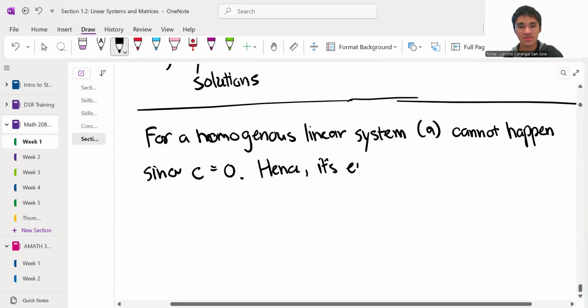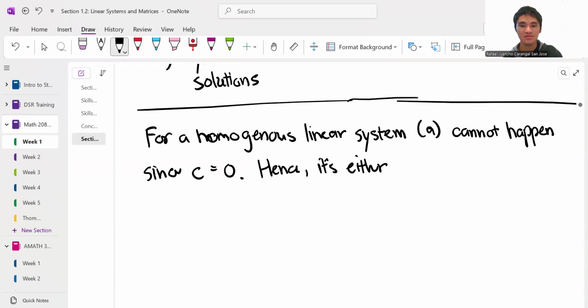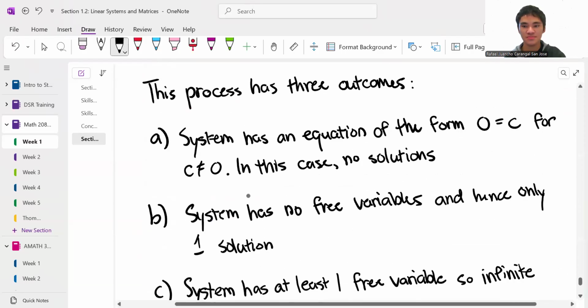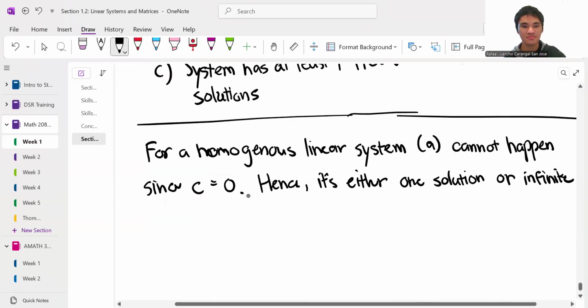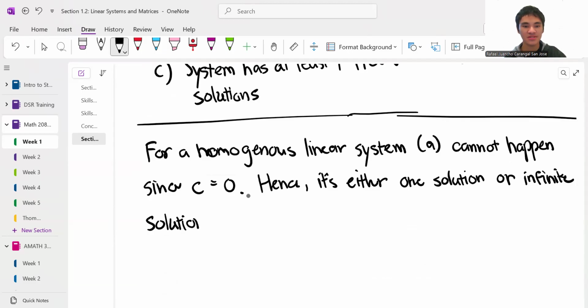Hence, the system is either one solution or infinite. It's only one of those two, right? So if we're given a homogeneous linear system, we can think, okay, this is either going to have one solution or infinite solutions.